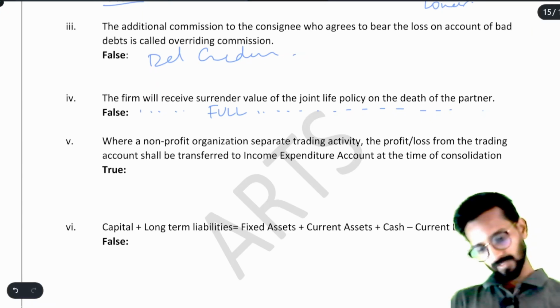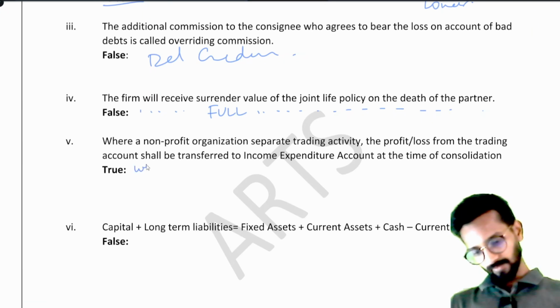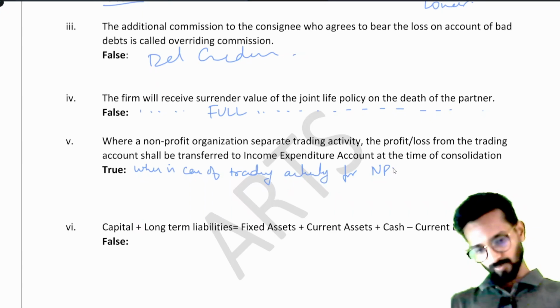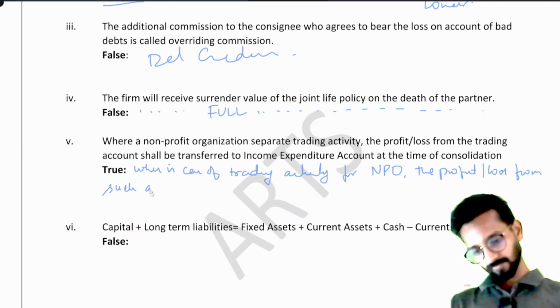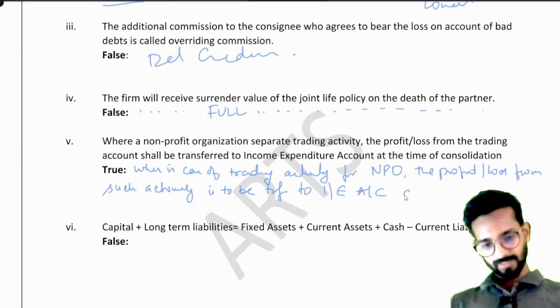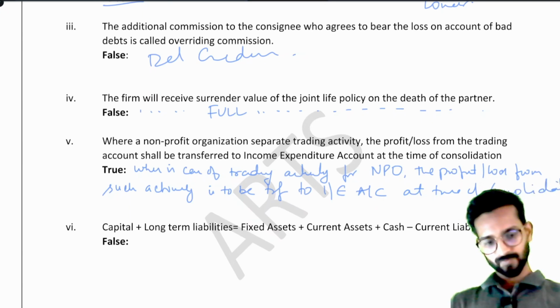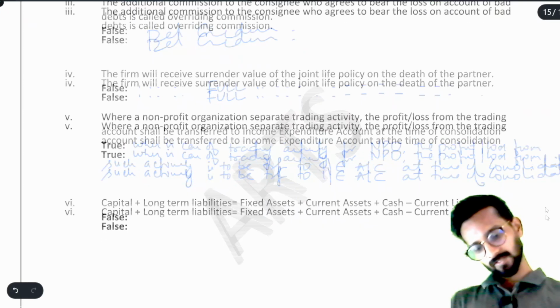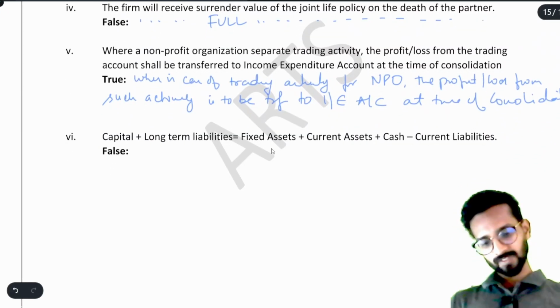You can write here, it is true, in case of trading activity for NPO, non-profit organization, the profit or loss from such activity is to be transferred to income and expenditure account at the time of consolidation. Understood?